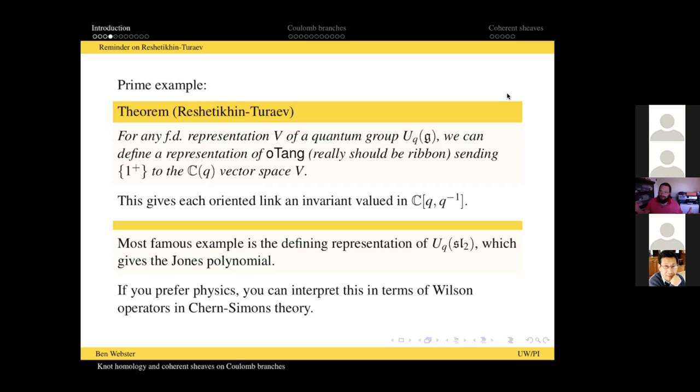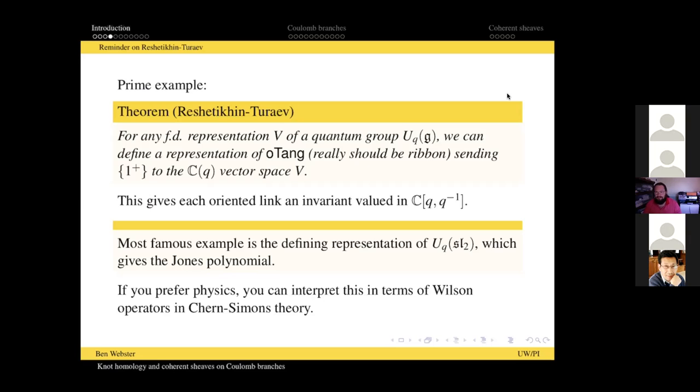All of the maps corresponding to tangles are constructed in terms of objects in the representation theory of the quantum group, in particular the crossing coming from the R matrix. This gives us an invariant corresponding to each link, which is actually valued in Laurent polynomials.